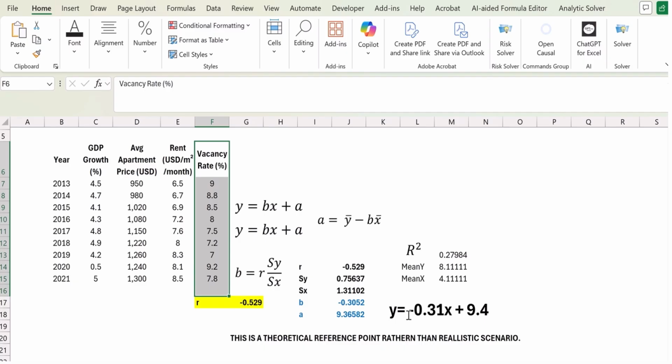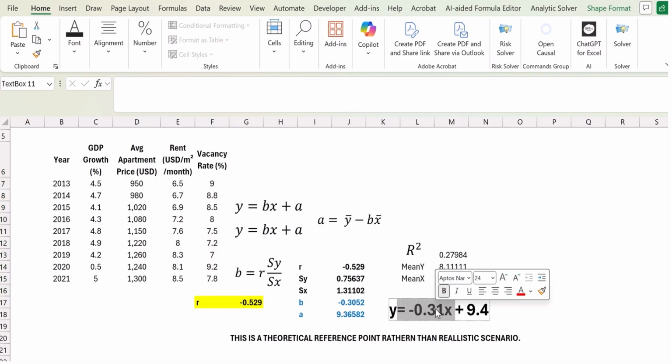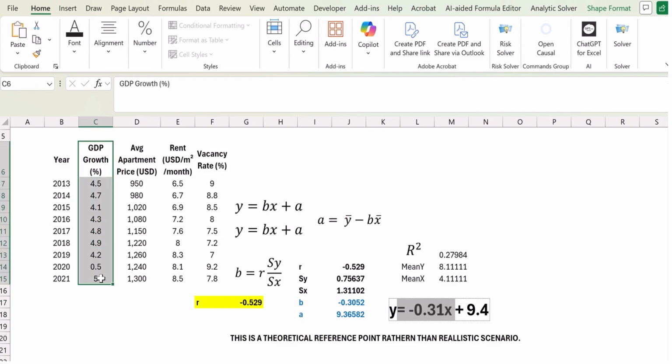The negative slope tells us that higher GDP growth is associated with lower vacancy. But to know whether this relationship is statistically meaningful, we need to look at regression statistics.